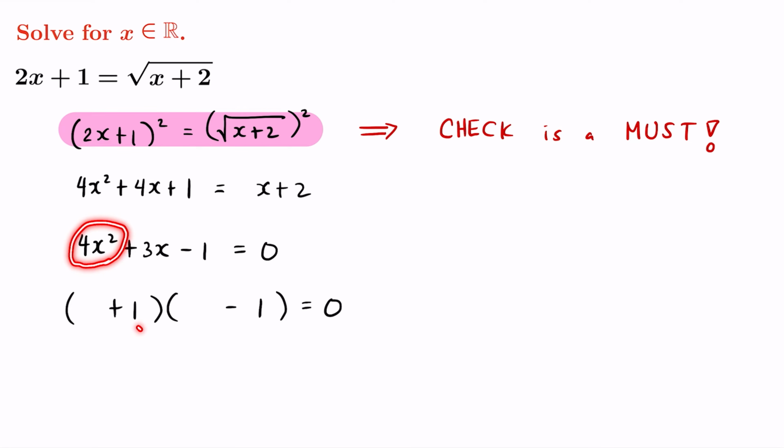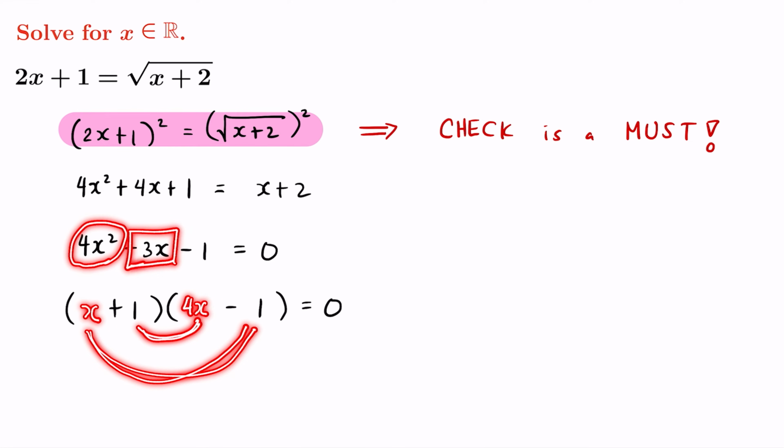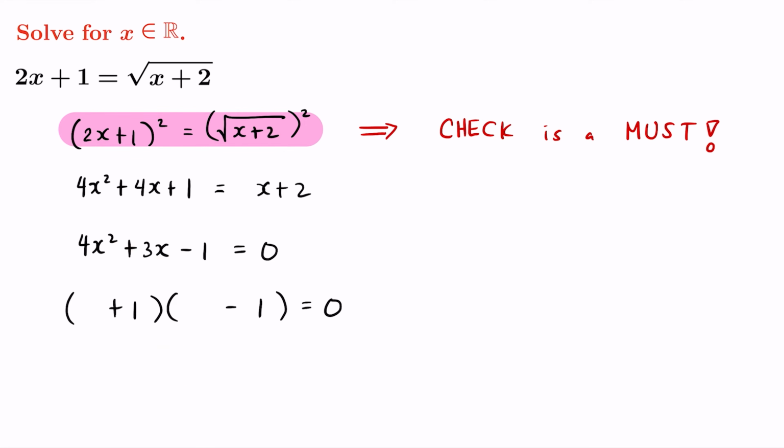The sum of the products must equal 3x. I think that's easy to figure out. So this must be 4x and this is x. As you can see, you'll get 4x and then minus x, so that is equal to 3x. So that is the right factorization, (x + 1)(4x - 1).